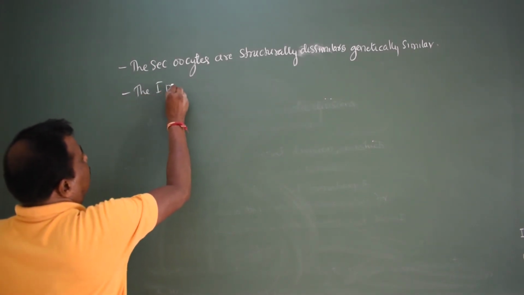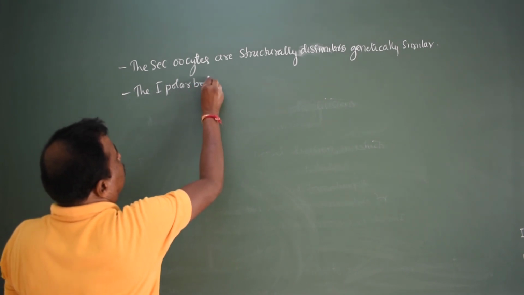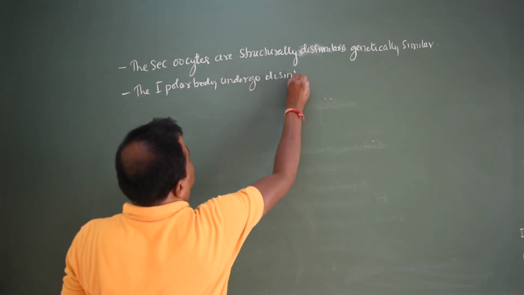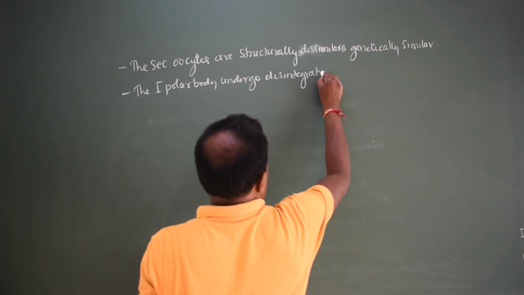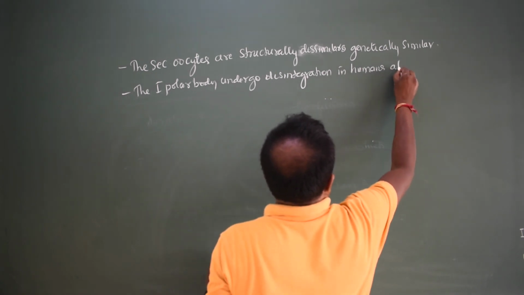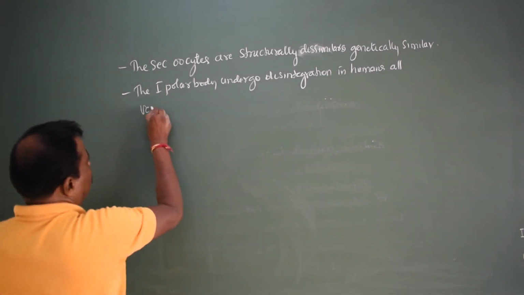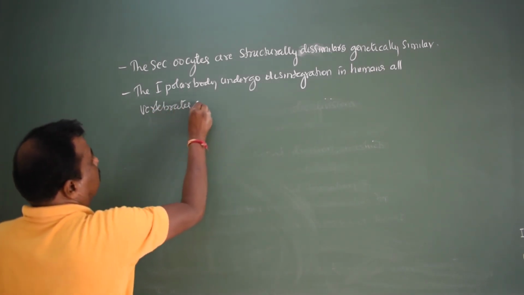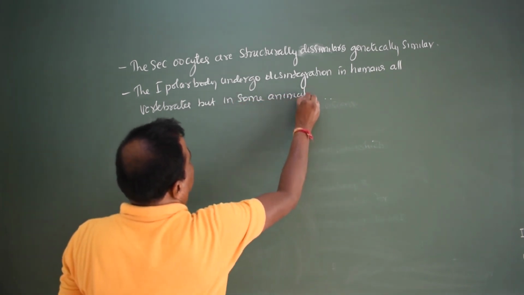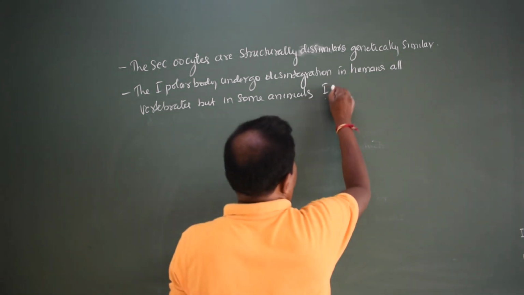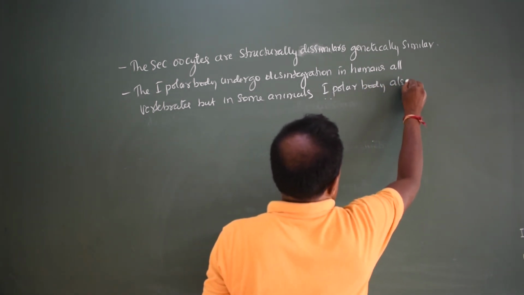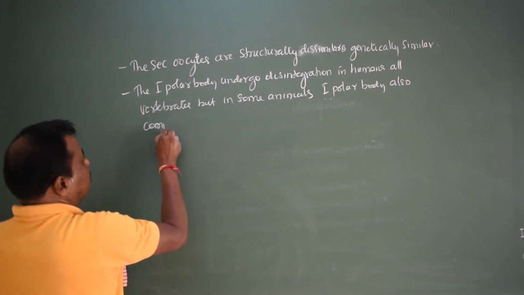The first polar body undergoes disintegration in humans and all vertebrates, but in some animals the first polar body also completes second meiosis.